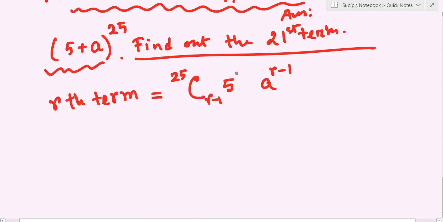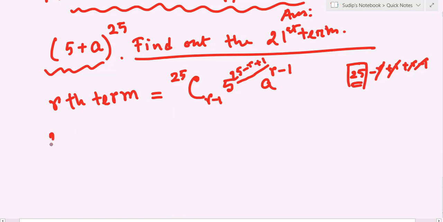So here we should write 25 minus r plus 1, as if we add these two powers it will be 25. 25 minus r plus 1 plus r minus 1, r cancels, 1 cancels, 25 will be the result. So 5 will hold such a power that the power of 5 plus the power of a will be 25. So the rth term is like this.